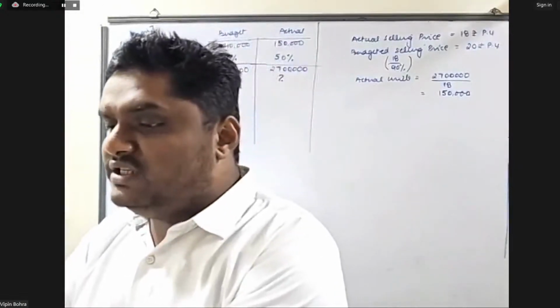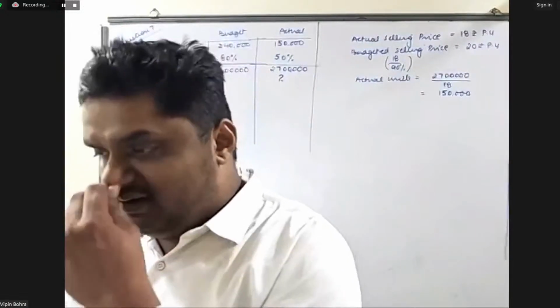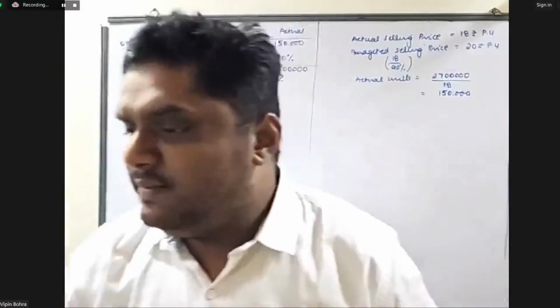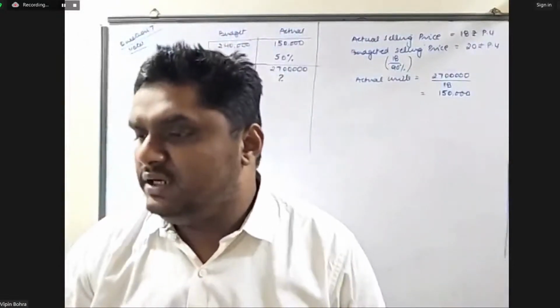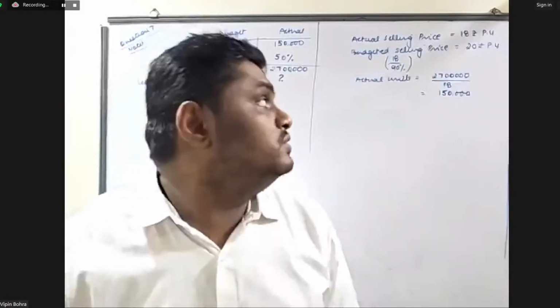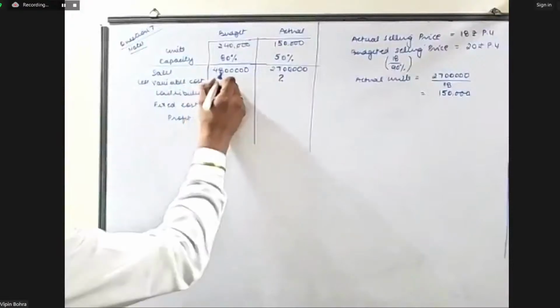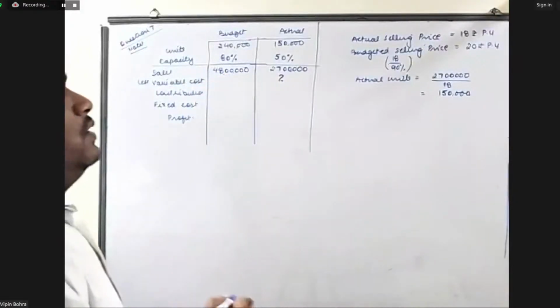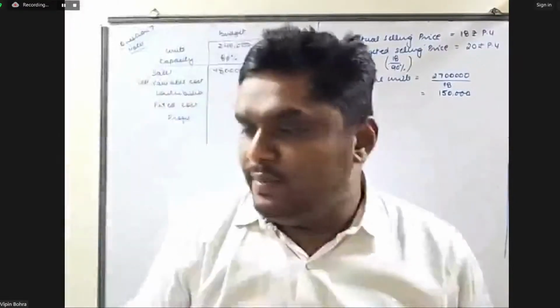It's a very easy question, just like a crossword puzzle. Divya, this time correct answer. Shweta, please check the solution. Now it is correct, so it is 48 lakh. So what will be the actual variable cost?